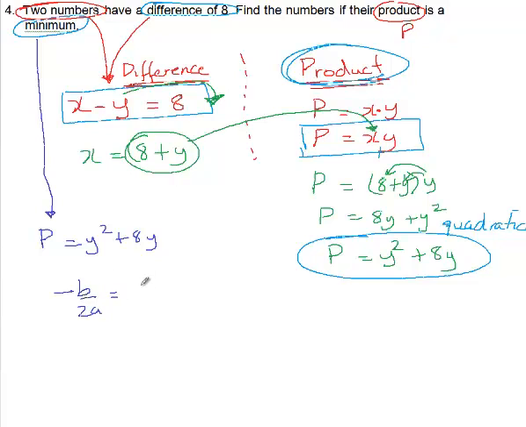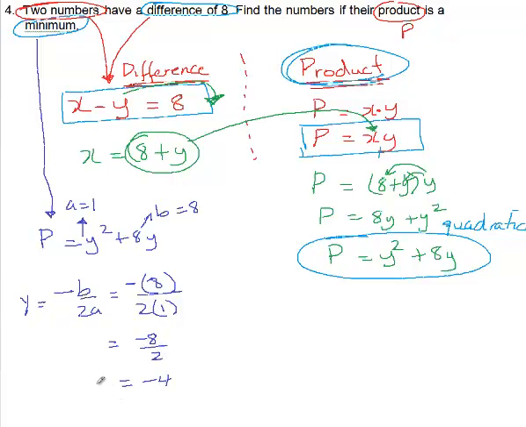In this case the variable is y, whatever the squared term is. So it's y equals minus b, which is 8, over 2 times 1. A is understood to be 1 right there. B is 8. So I get negative 8 over positive 2, which is negative 4.